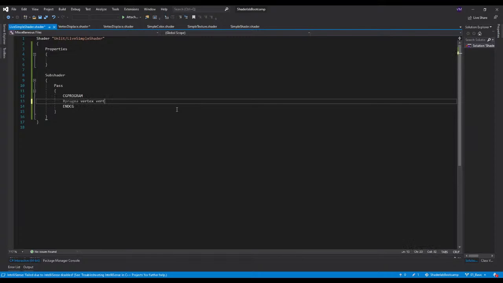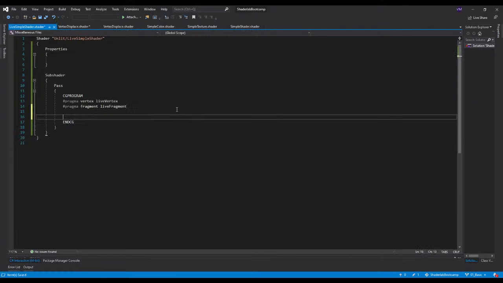that we want to have a vertex function. Now I can write anything. This is a very bad idea to name it like this, but just for the sake of the live class, I can write any name here.